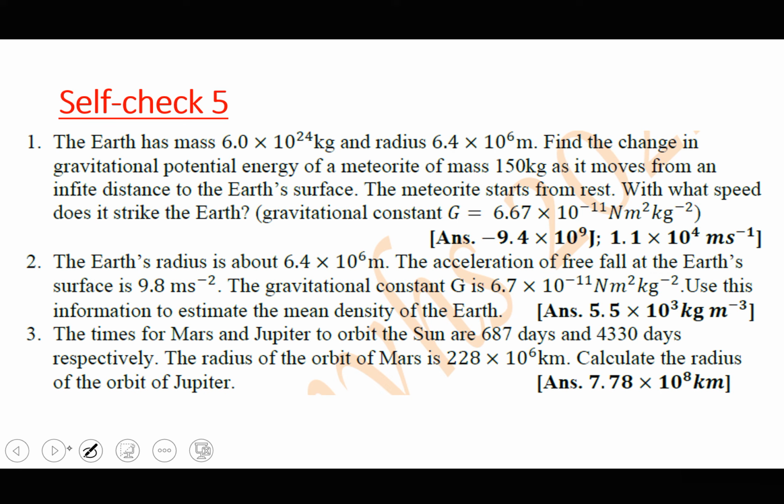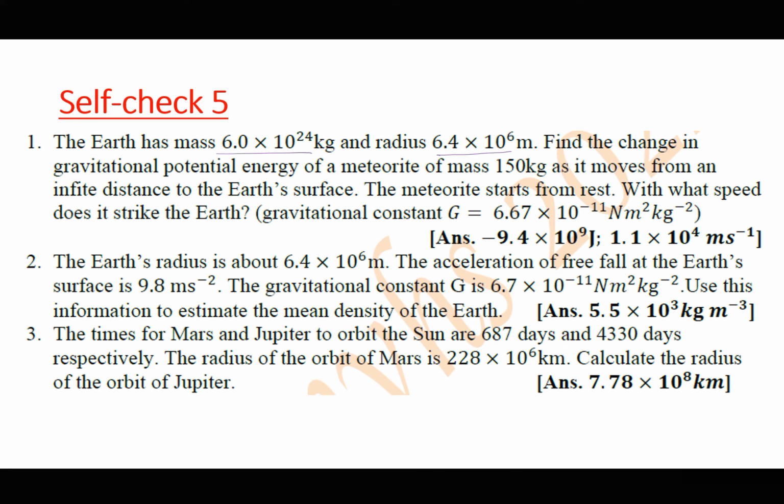The Earth has a mass of that. We are now familiar with the mass of the Earth, and of course we shall use it every time, but many times it is going to be given in the list of constants. So the Earth has that mass and that radius.